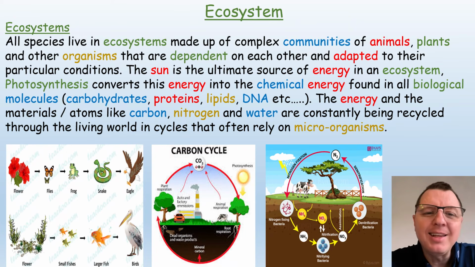All species live in an ecosystem, and it's made up of complex communities of animals and plants and other organisms that are all dependent on each other and adapted to their particular conditions.